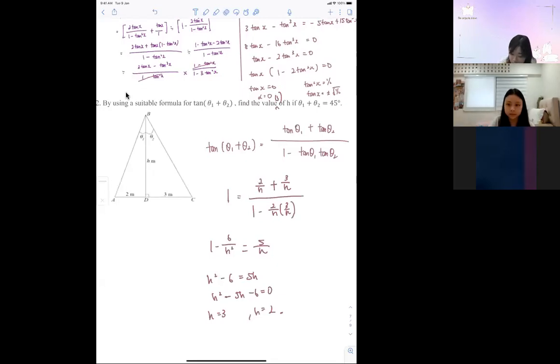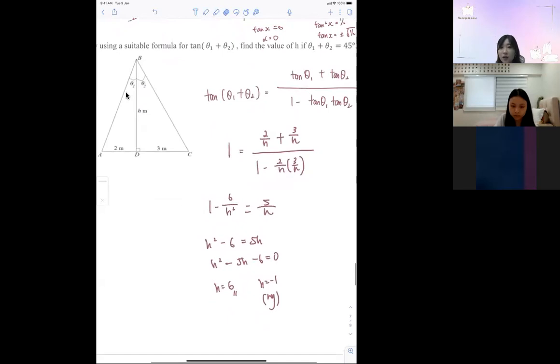Oh, sorry. It's h equals 6, h equals minus 1. You reject negative. One answer. I just bring this over and then multiply everything by h squared. You get it.